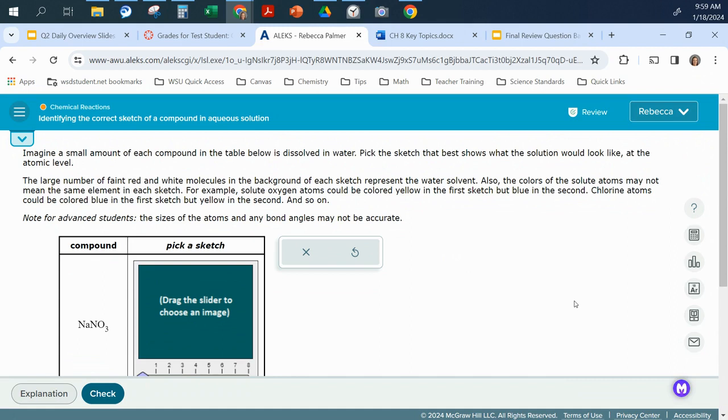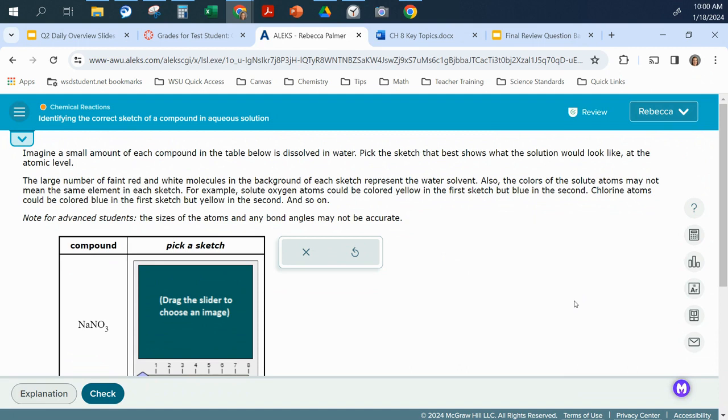All right, what did you guys decide? What does aqueous mean? What do you remember? Okay, and the liquid in aqueous has to be specifically water. So something dissolved in water means aqueous.